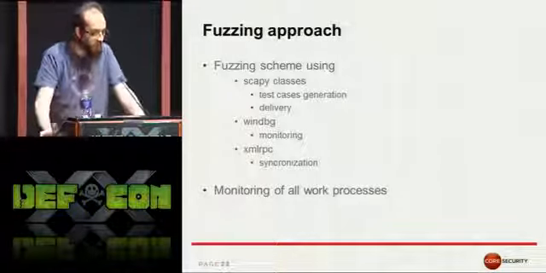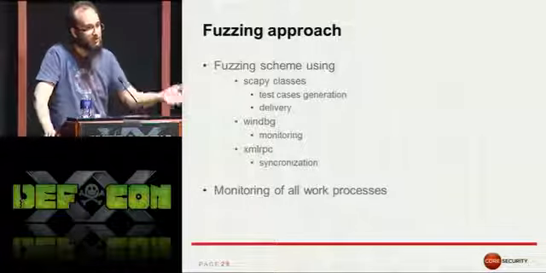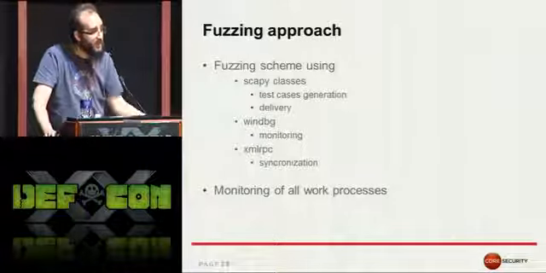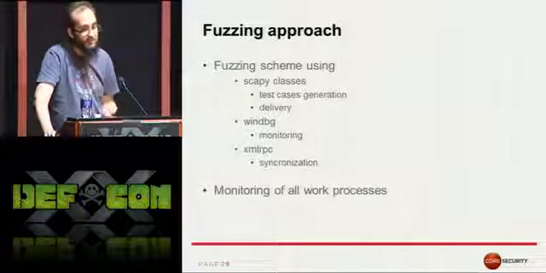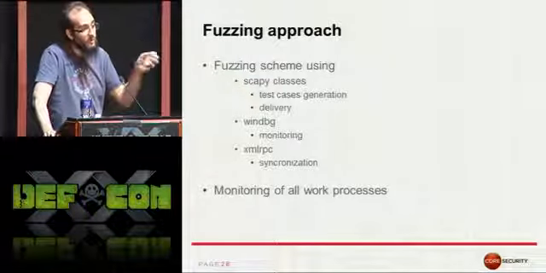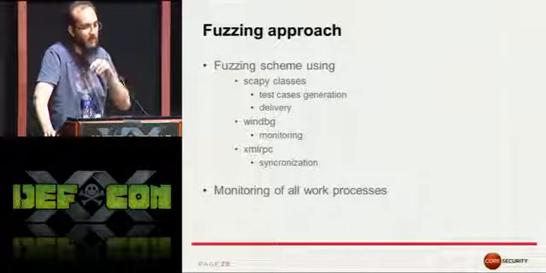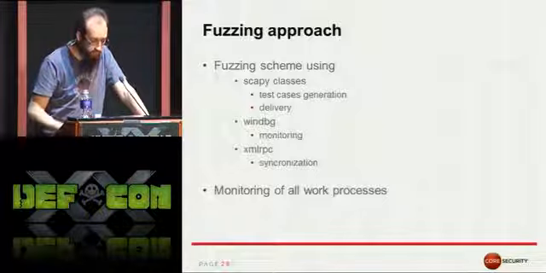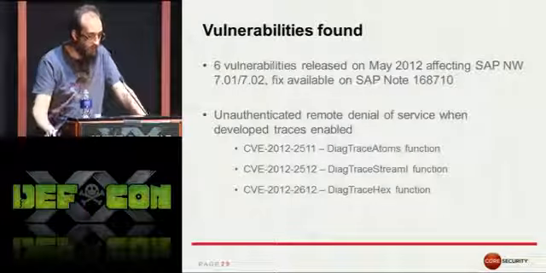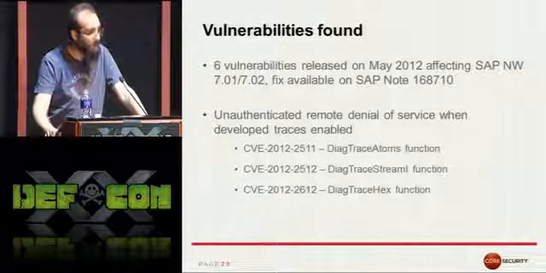And the only thing you have to take into account if you are fuzzing an application server is that you have to monitor all the work processes at the same time, because you don't know which of the work processes are handling your request.